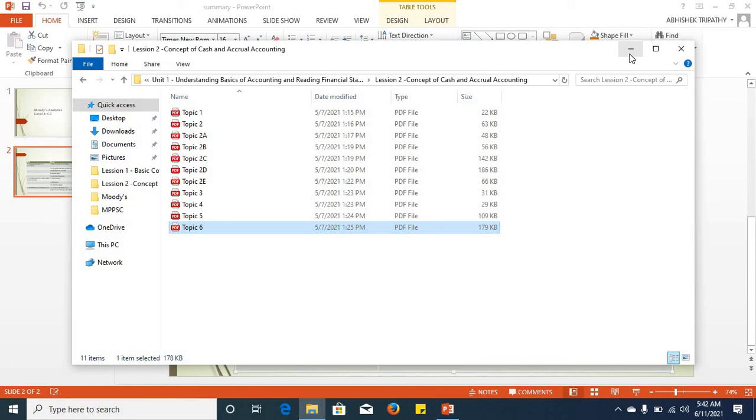The accrual accounting system considers the transaction whenever it happens, whether or not there is an inflow or outflow of cash. But in the cash accounting system, you ignore a transaction if it doesn't result in cash inflow or outflow. The biggest examples are credit sales and credit purchases.